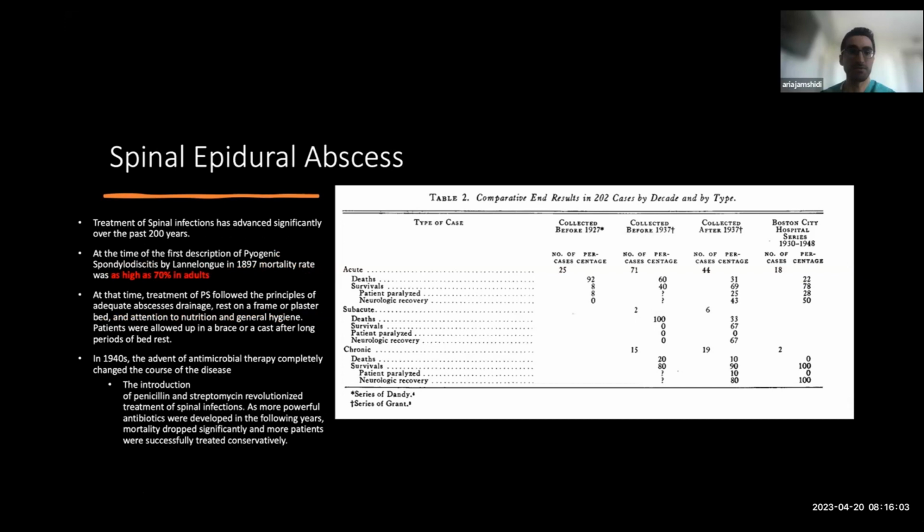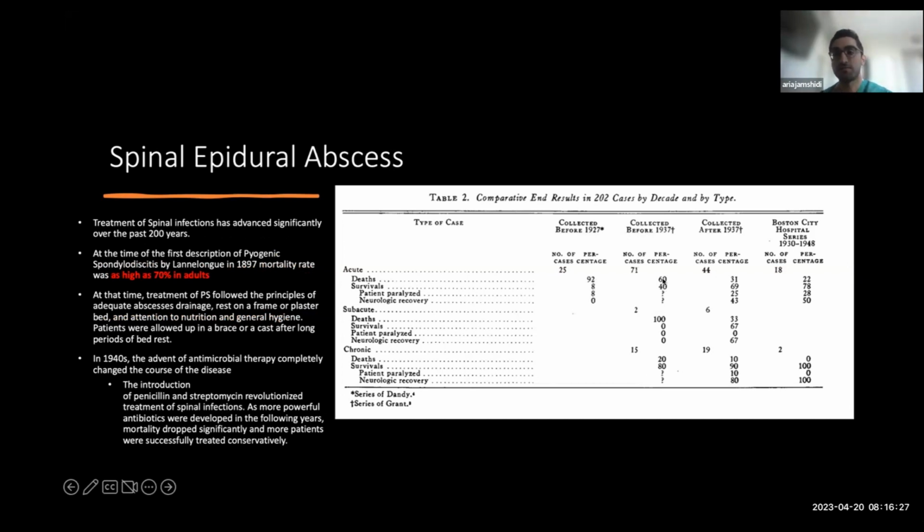In terms of spinal epidural abscess, again, we've come a far way in terms of our advancements with antimicrobial therapy. This was an interesting table published by Heusner. He collected all these case series of spinal epidural abscess before 1927. The percentage of deaths was 92%, which is astounding.